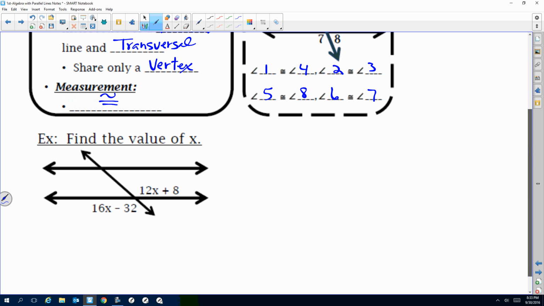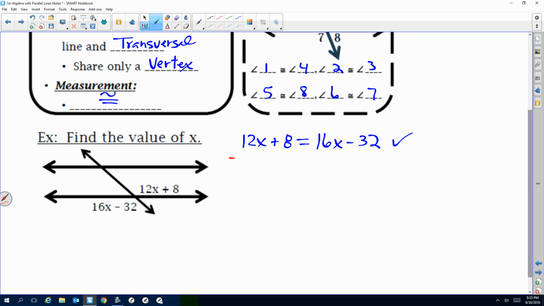So on this equation here, we should have 12x plus 8 is equal to 16x minus 32. That's the first thing I'm going to check when we're giving you partial credit, that you write the equation. And then to solve for x, we're going to start with the smallest variable. So that's now minus 12x. Minus 12x. 12x will cancel out, leaving us with 8 equals 4x minus 32.